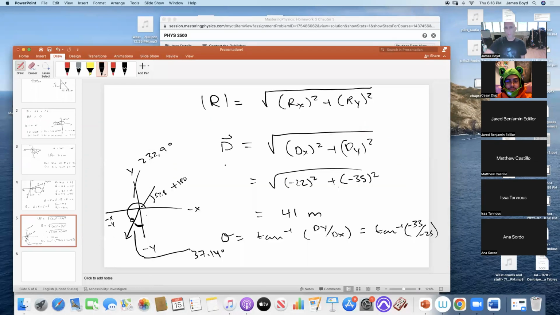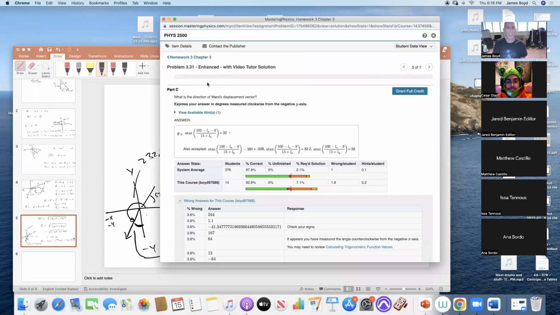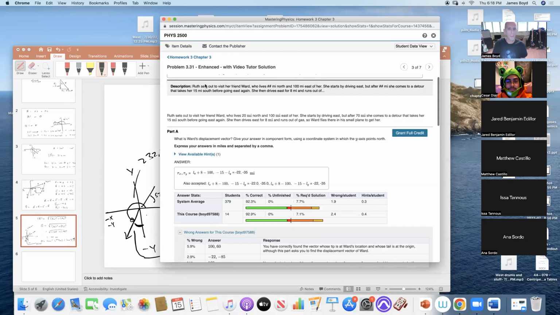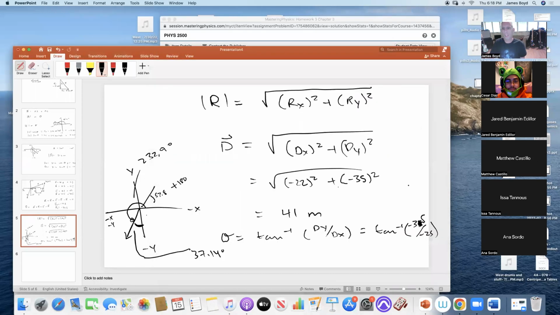It should have been 35 and 22. It's been a long day. So I wrote this wrong, and when you do that correctly, with 35 and 22, you get 237.8. And then when I subtract that from 270, I get 32.